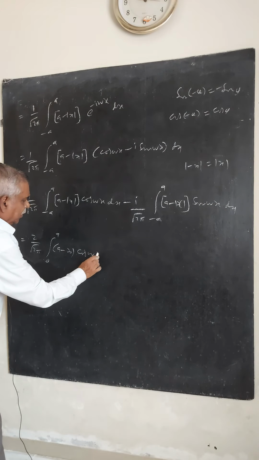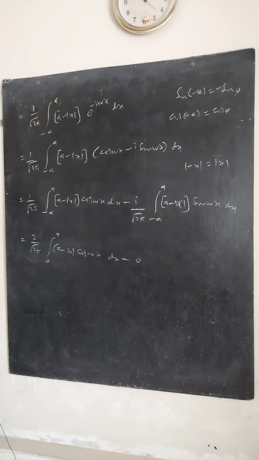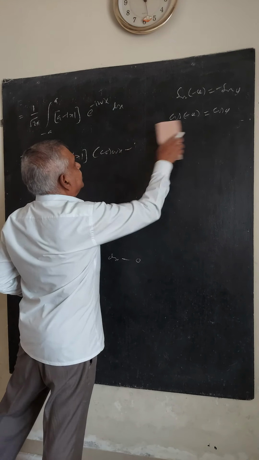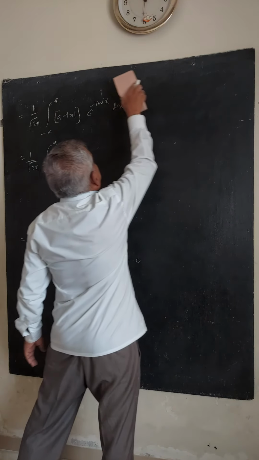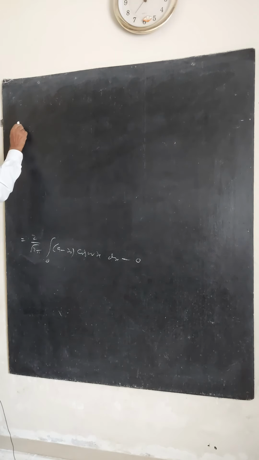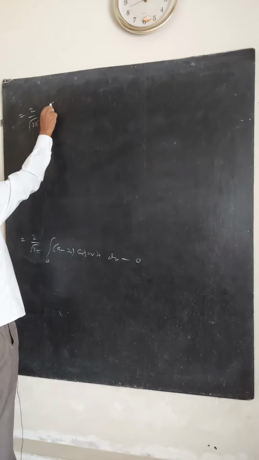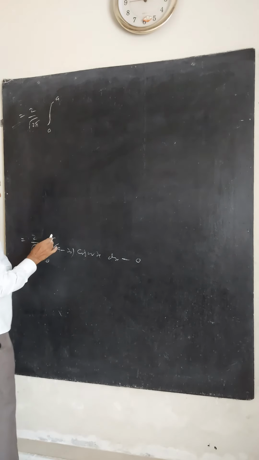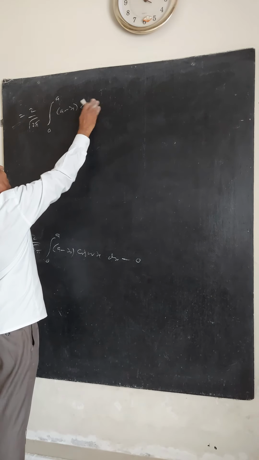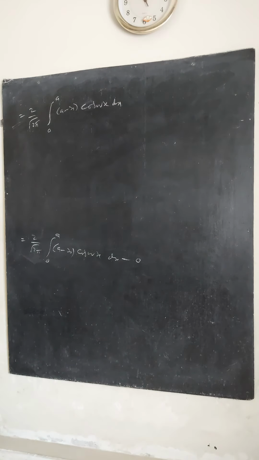So G(ω) = 2/√(2π) ∫ from 0 to a of (a − x) cos ωx dx. Let us do this using Bernoulli's integral.